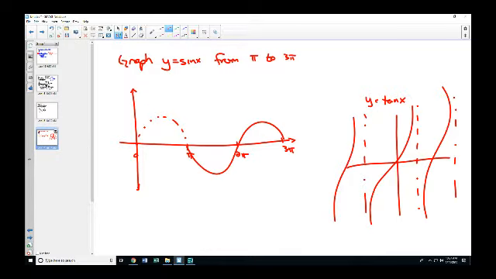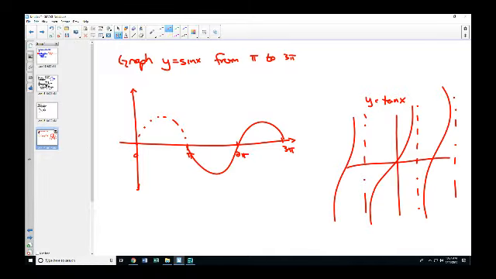Why does it look like that? That's tangent x. Why does it have a vertical asymptote every pi units? Well, think about it.